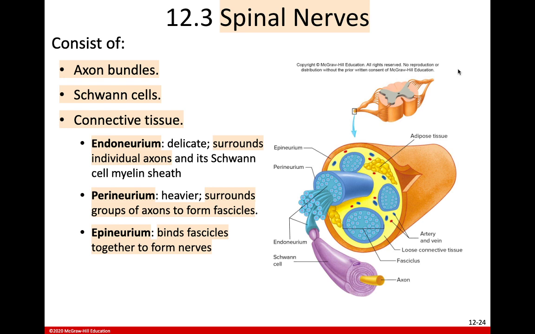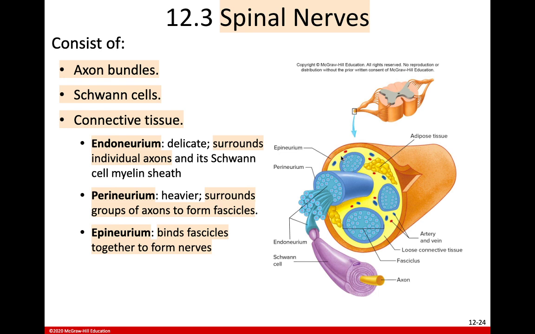So again here we can see the individual axons. This stuff around them in here would be the endoneurium, so it wraps around individual axons. The perineurium then is this blue layer. It is the plastic wrap, or not really plastic wrap, but you know what I mean, a layer of connective tissue surrounding a group or bundle of axons forming a fascicle.